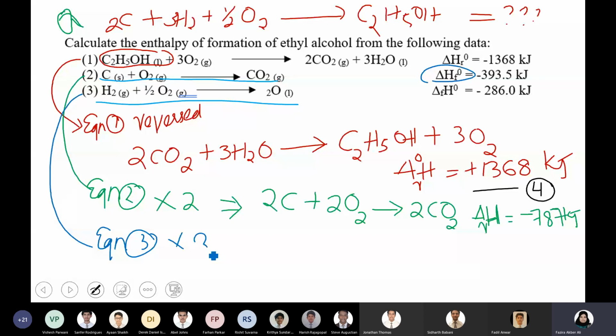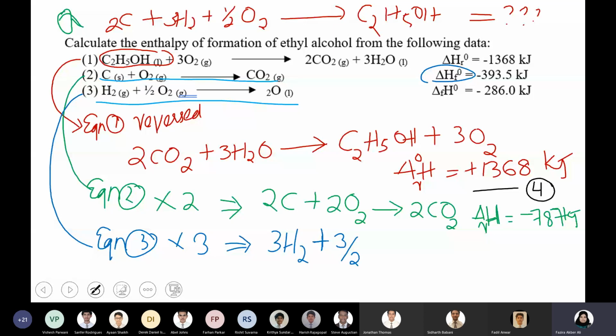So you will be getting it as 3H2 plus 3 by 2 O2 gives, it's actually H2O, so you will get it as 3H2O.